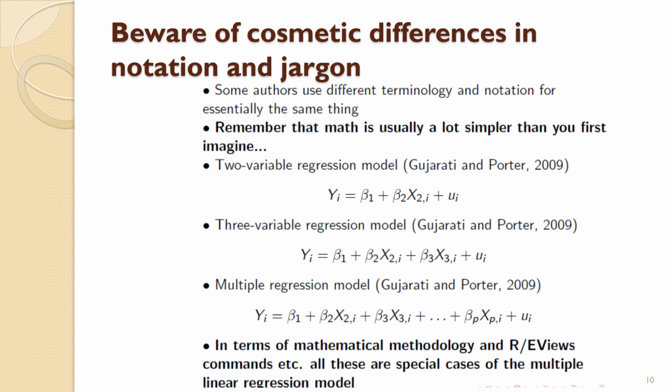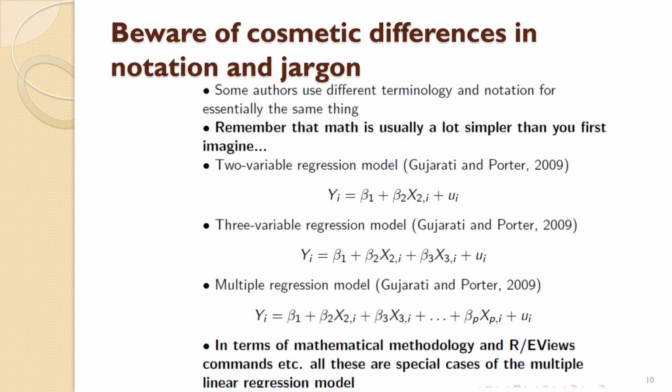So just to reinforce that point, I want you to be aware a little bit of cosmetic differences in notation and jargon that can just inflate and exaggerate the difficulty of the subject. Some authors use different terminology and notation for essentially the same thing. Often it's a product of trying to make the subject more accessible, but you actually make it harder.